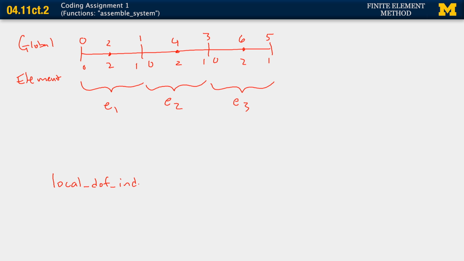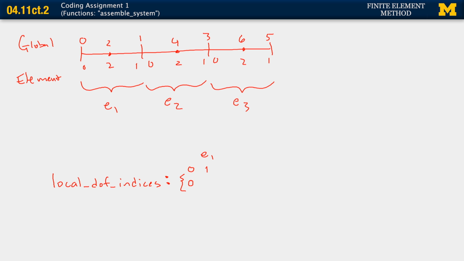So local DOF indices for element 1, this is what it will look like. Local node 0 corresponds to global node 0.